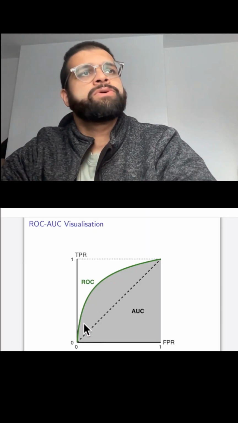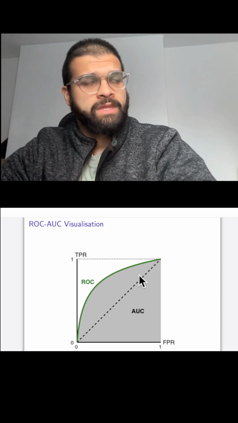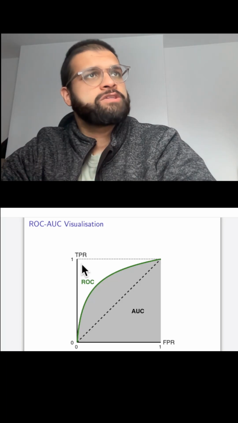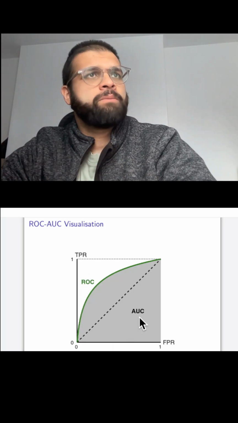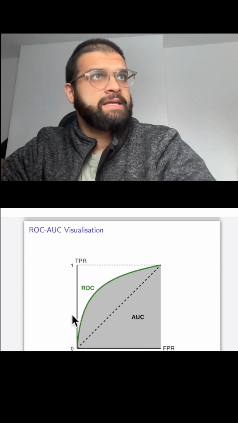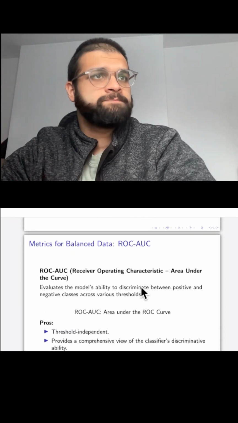ROC is your actual curve, so how your model performs. You want your green line to be as close to the top left corner as possible, and you want your AUC number to be as high as possible as well. So that is everything regarding ROC AUC.